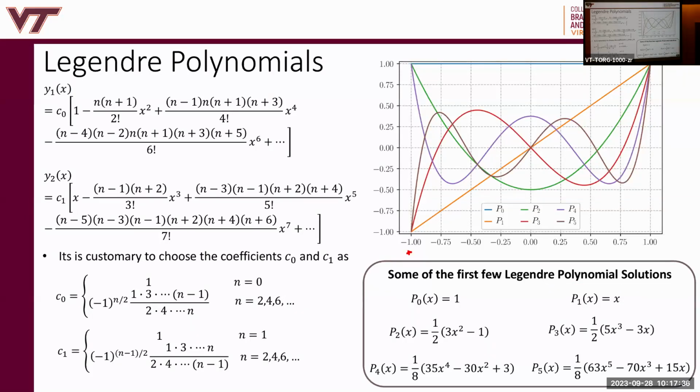Their domain is -1 to +1, right? I remember we made the substitution x equals cosine of theta. So if x goes from -1 to 1, then cosine of theta goes from, what theta gives you -1 for cosine?